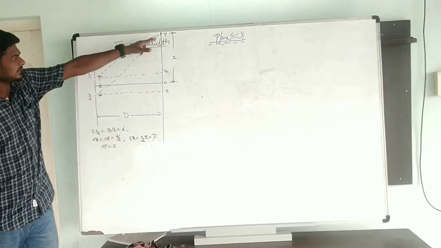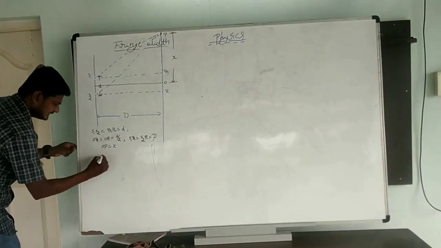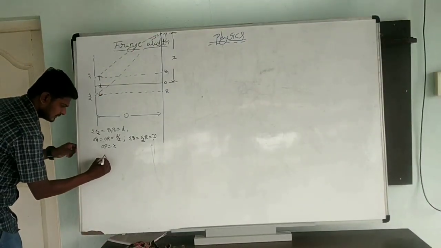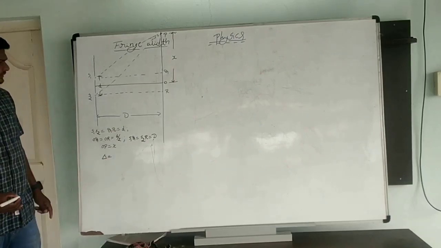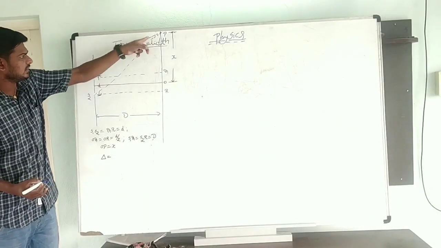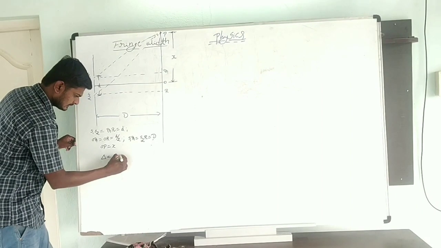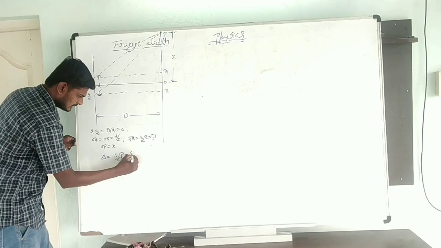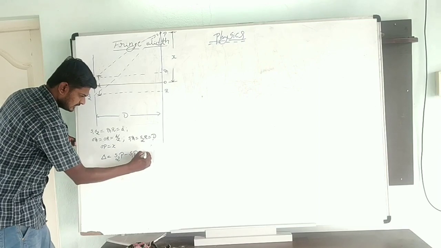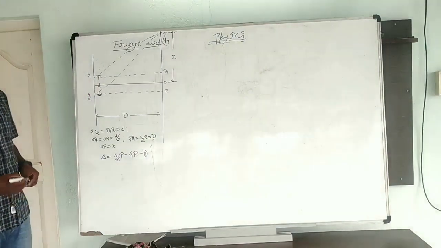Now let P be a point of phase difference delta. The path difference delta is S2P minus S1P. This one I am going to take as equation 1.